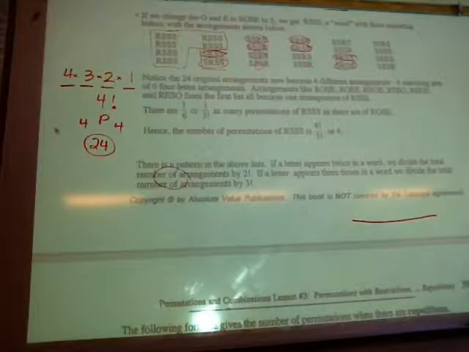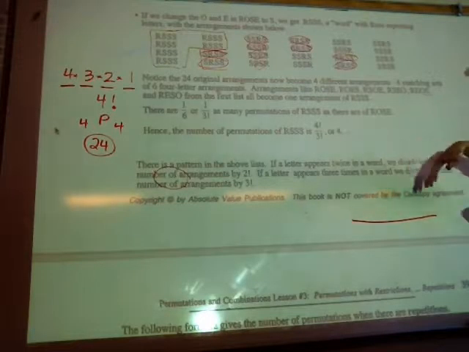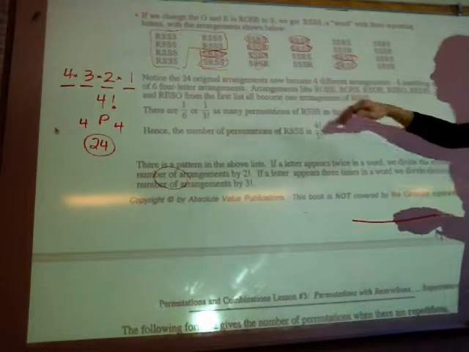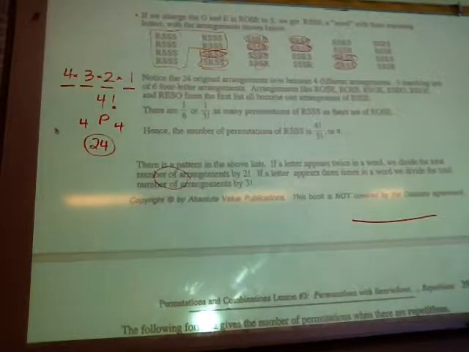My explanation isn't really working out in this case, but what I'm trying to say is you're dividing by the number of letters that repeat. In the last example we had 2 letters that repeated, so we divided by 2 factorial. Here we have 3 letters that repeat, so we're dividing by 3 factorial. The 24 original arrangements now become 4 matching sets of 6 four-letter arrangements.